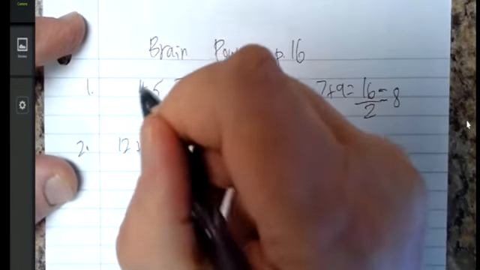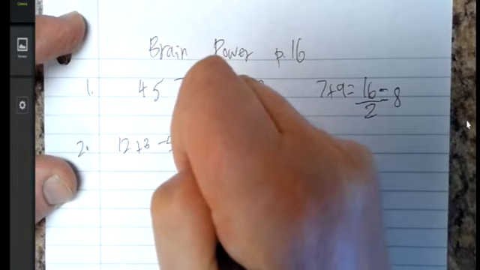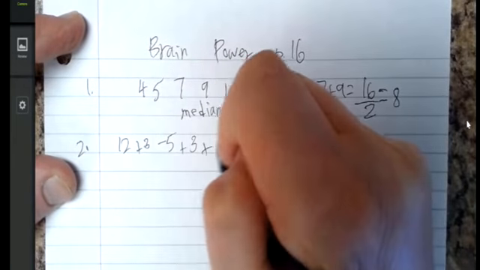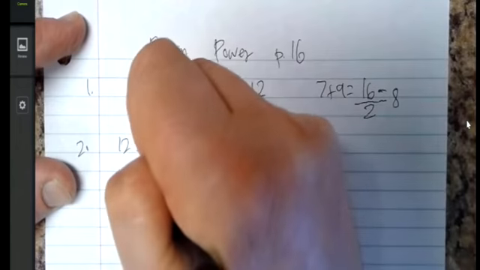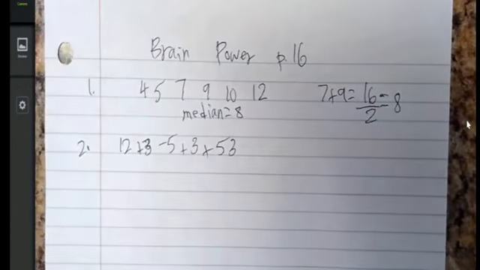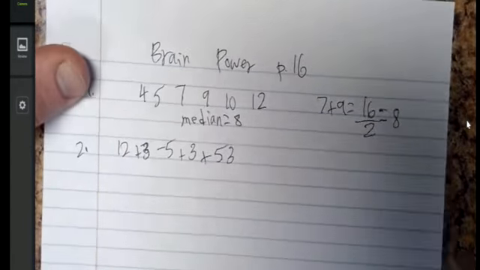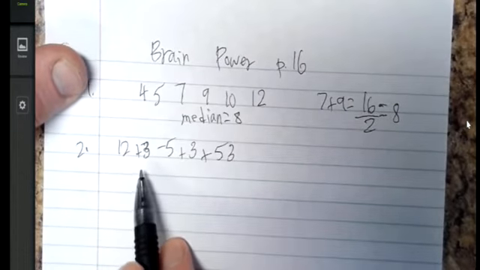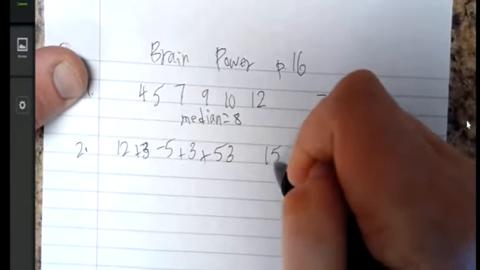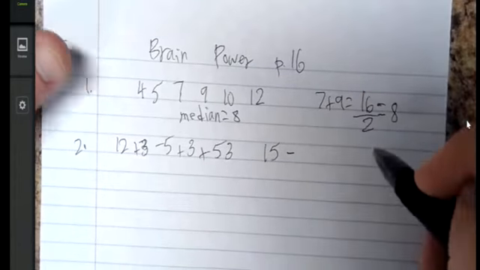12 add 3 minus 5 add 3 add 53. There is no dividing, no multiplying. So we're left with adding and subtracting. A for adding. So we do the adding first, whichever comes first. 12 add 3 is 15. Then we have a minus sign.